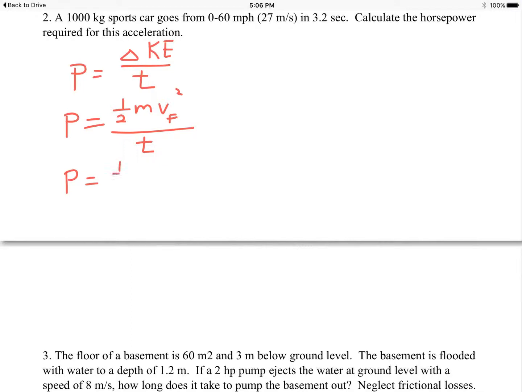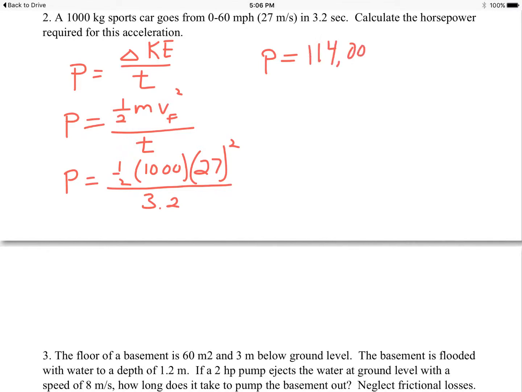So the power is 1/2 times the mass of the car, 1,000, times v final in meters per second, 27, squared, divided by the time of 3.2 seconds, all standard. So it comes out here that P, the power, looks pretty impressive here, 114,000 watts, or joules per second.